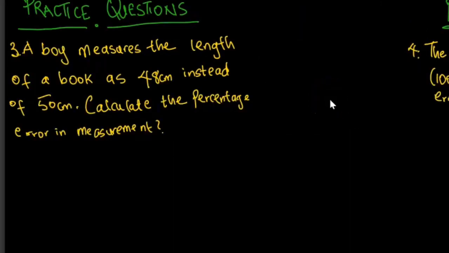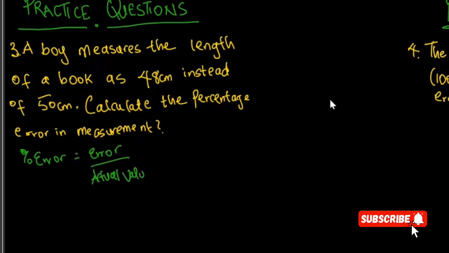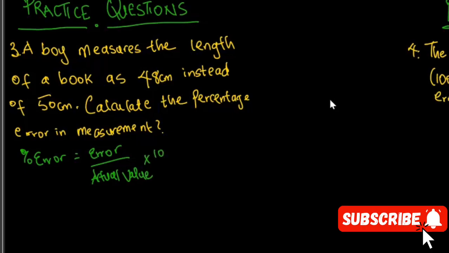So the third question is, a boy measures the length of a book as 48 centimeters instead of 50 centimeters. The question says, calculate the percentage error in measurement. Again, percentage error is equal to the error over the actual value times, since it's percentage, times 100.